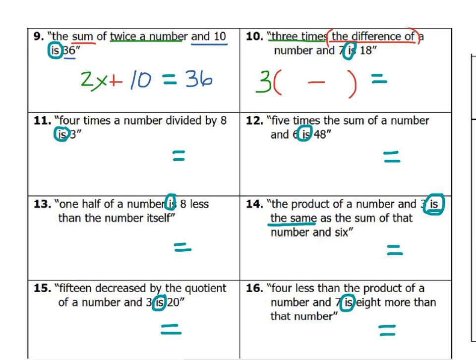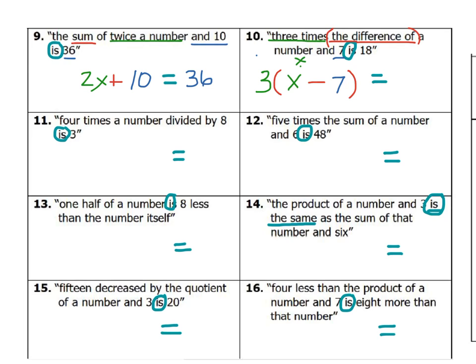Now I need to fill in what's going to go inside the parentheses. It says a number and 7. So 3 times the difference of a number and 7. There's no turnaround phrase here, so the X came first and the 7 came second.